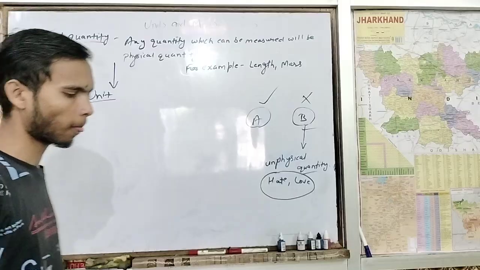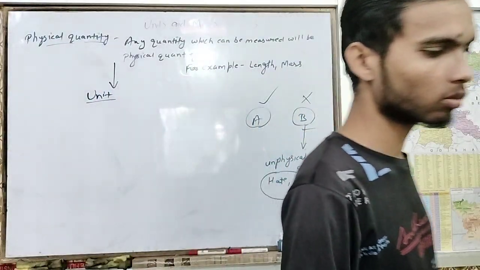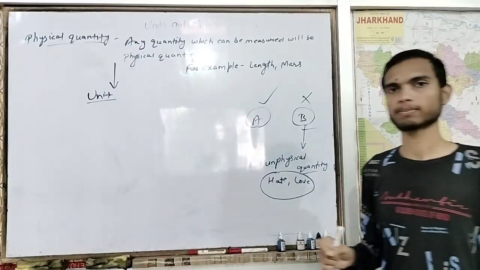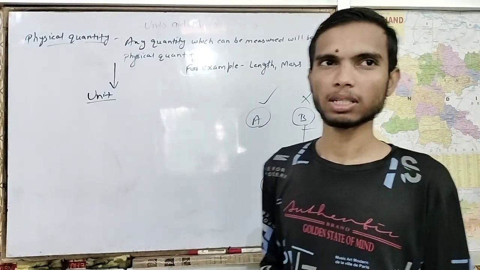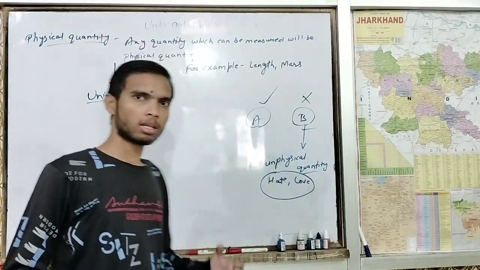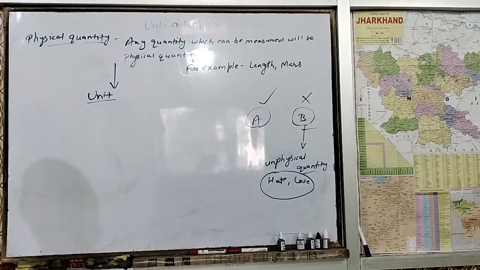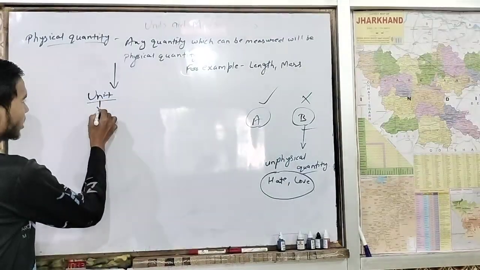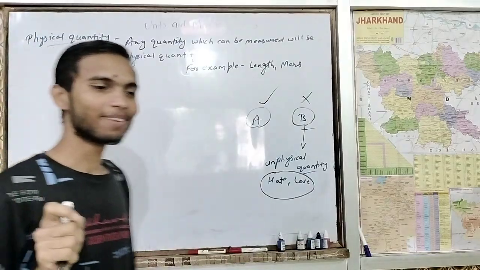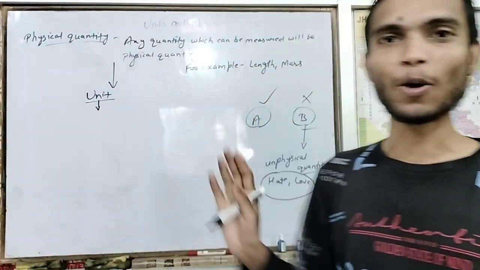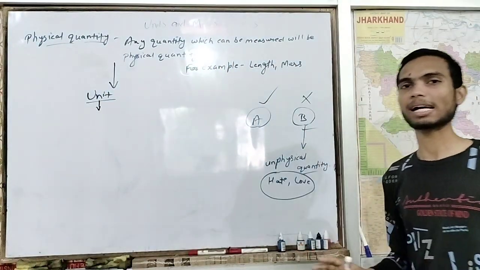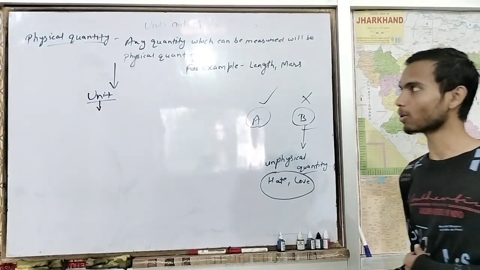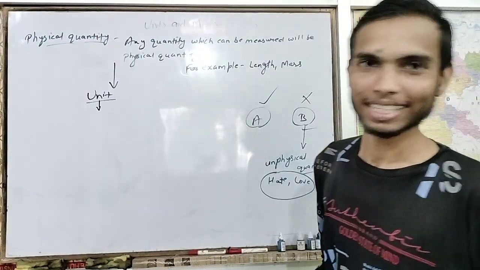So here, unit. What is the meaning of unit? What do you mean by unit? This is a combination of a magnitude and unit. This is not math.